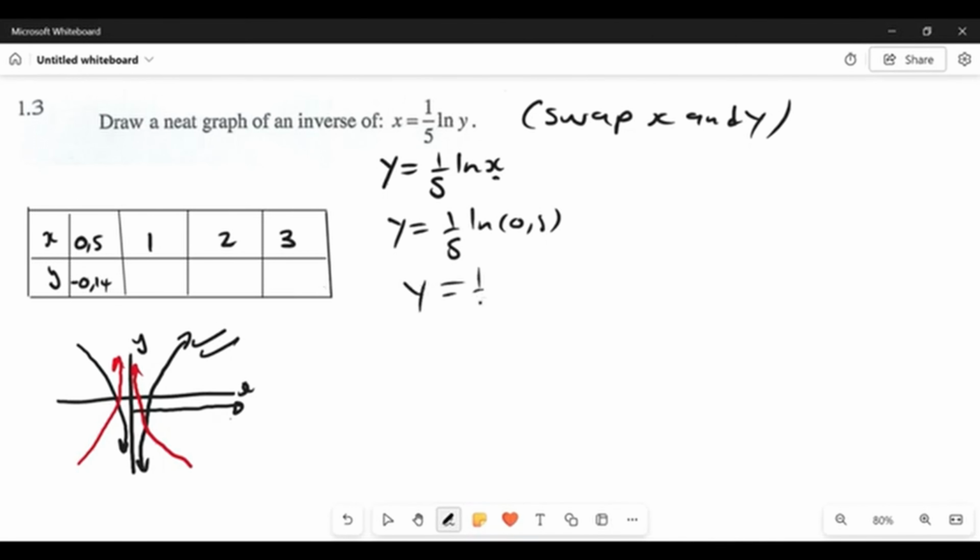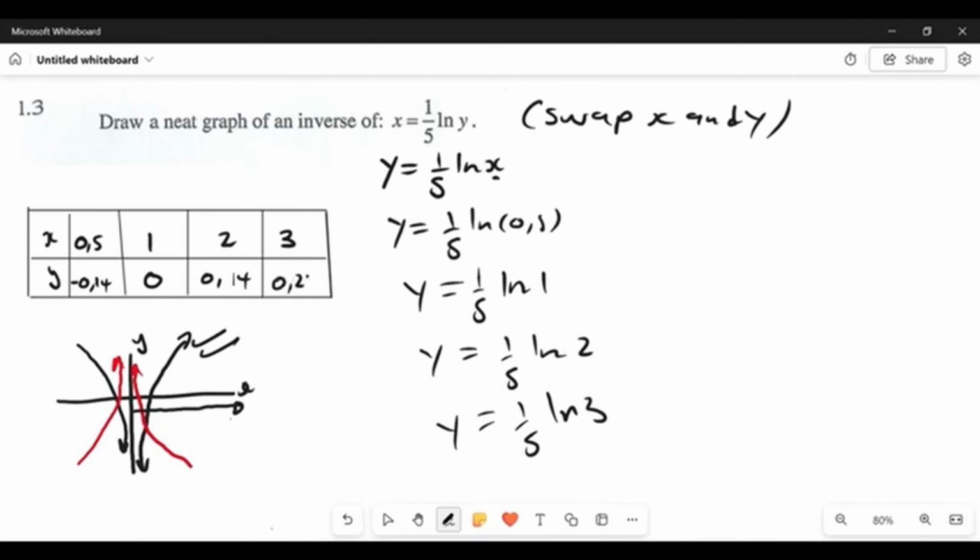When x is 1, what is our y? So if you put that on the calculator, our y is going to be 0. Right, we continue. When x is 2, what is our y? It's going to be 0.154. This time around, this is positive. The last point here, when x is 3, what is our y? It's going to be 0.22.